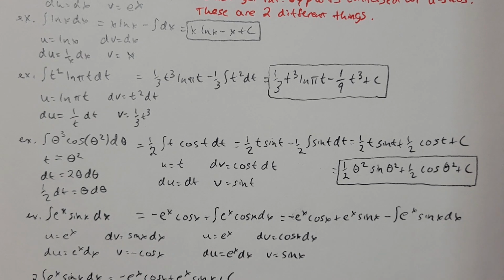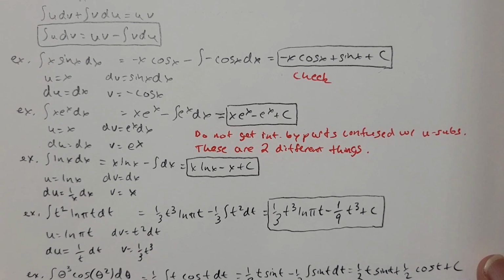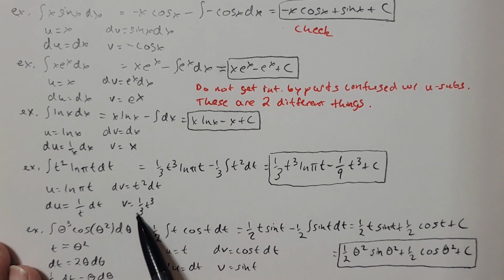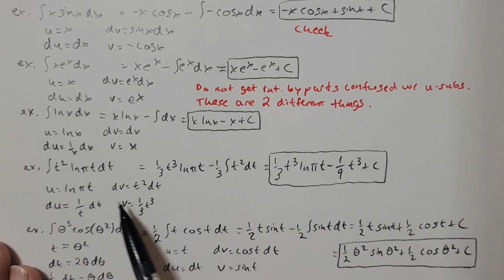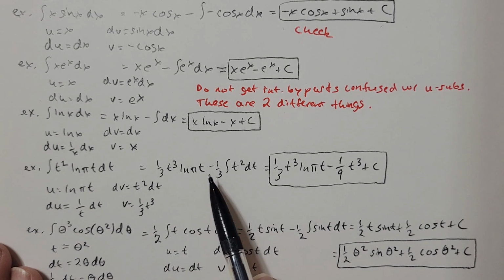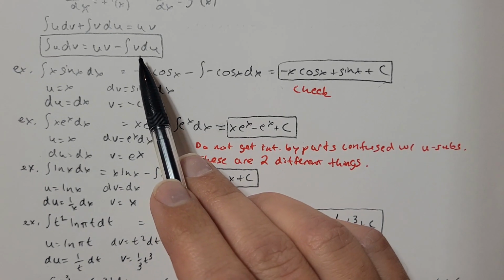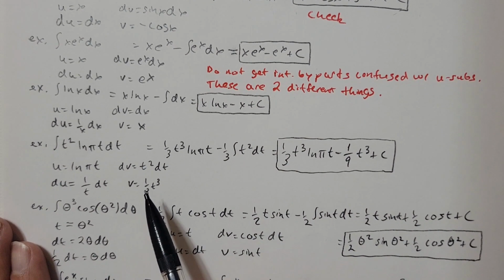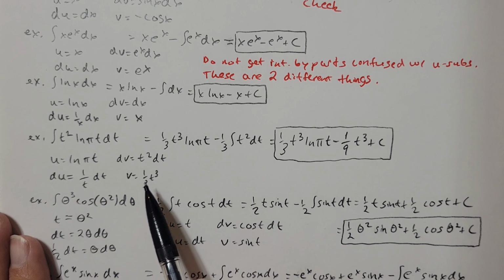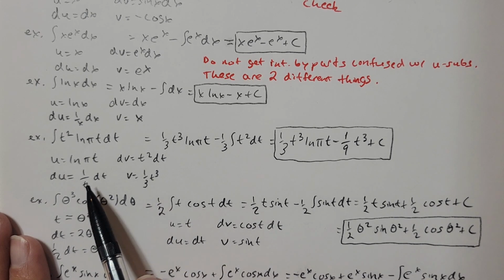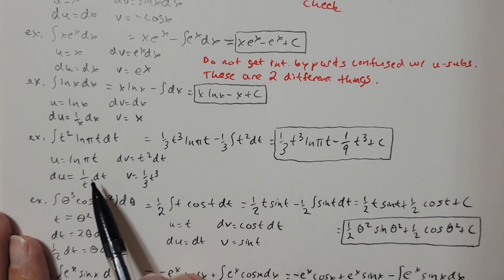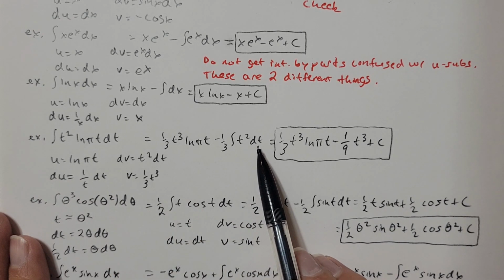Okay, so now using the formula for integration by parts here, we got u times v, that's going to be 1/3 t cubed times the ln of pi times t, minus the integral of v du. So minus 1/3, that's a constant that can come out of the integral, times t cubed divided by t, that'd be t squared, and then dt goes in the integral.